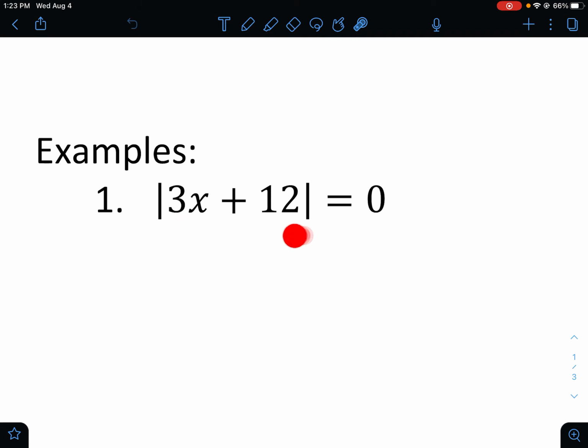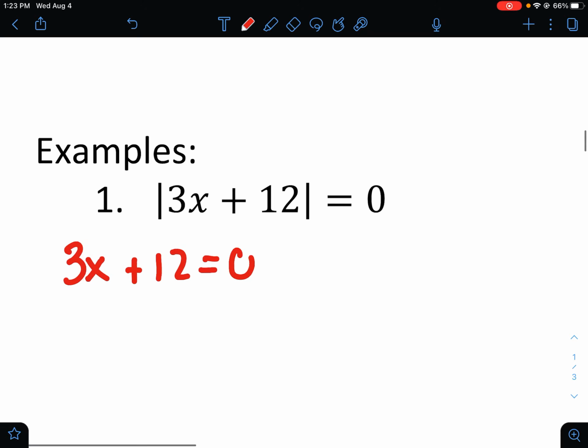If the absolute value is isolated and it's all by itself, we can go right to solving by simply saying 3x plus 12 equals, in this case, 0. There is no positive 0 and no -0. It's just 0. In this case, I'm only going to get one answer because the answer is 0. There's no positive or negative here.